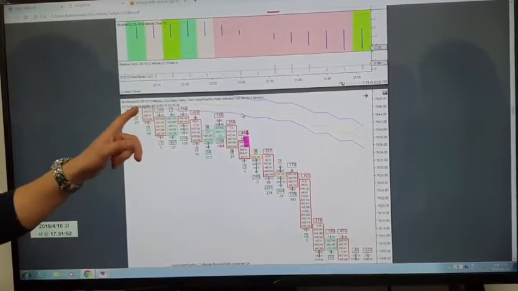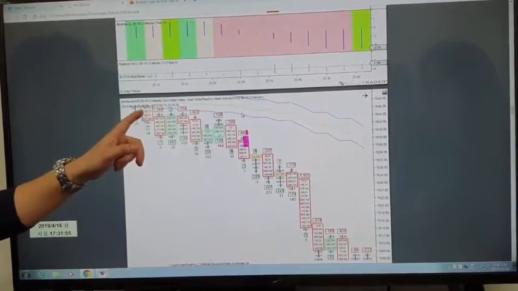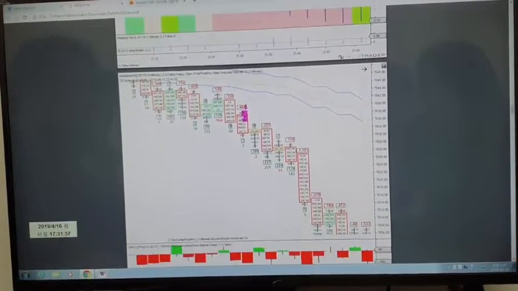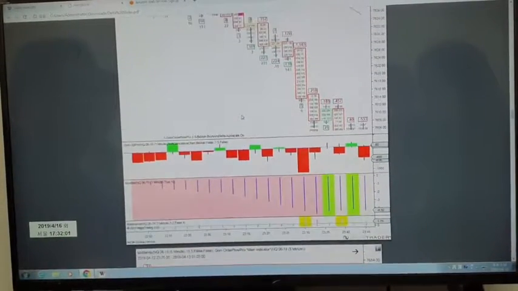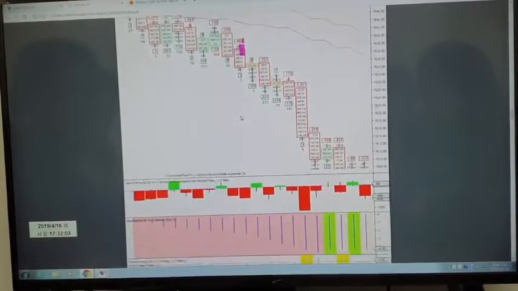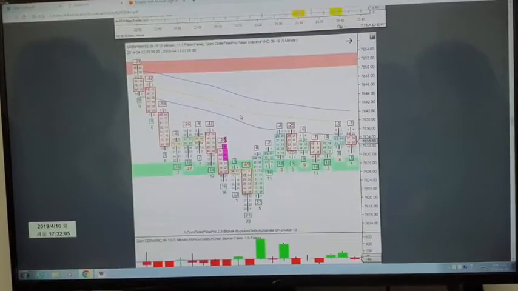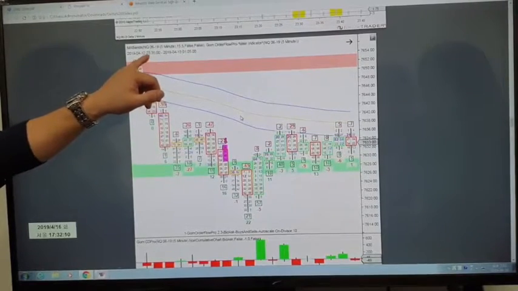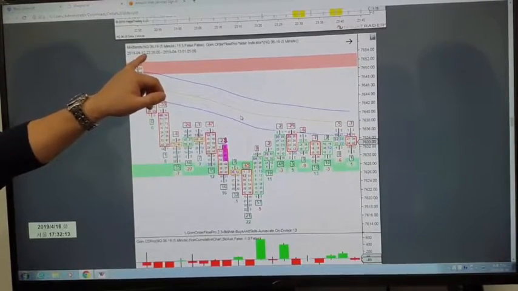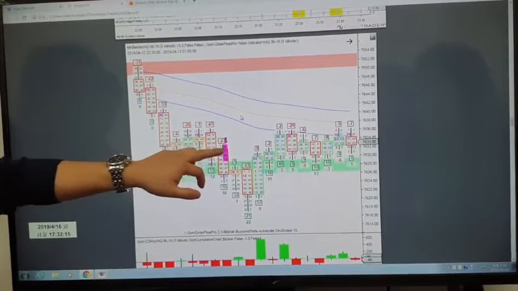This is the Nasdaq futures, 3 minutes, last night around 11 p.m. So that's the automatic signal. This is the Nasdaq 5-minute from last week, Thursday. So that's the sell signal.